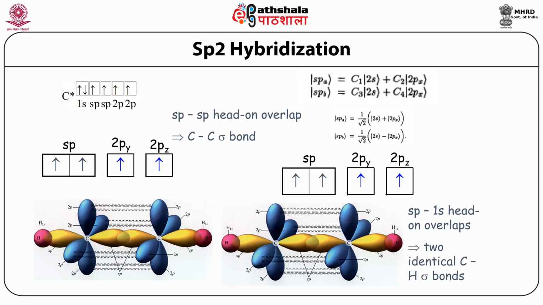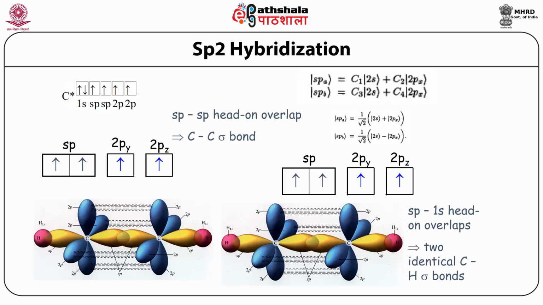Using the orthonormality conditions, which are spa spb is equal to 0, spa equal to 1 and spb equal to 1, we obtain the relationship between the coefficients ci: c1 c3 plus c2 c4 equal to 0, c1 square plus c2 square equal to 1, c3 square plus c4 square equal to 1, and c1 square plus c3 square equal to 1.